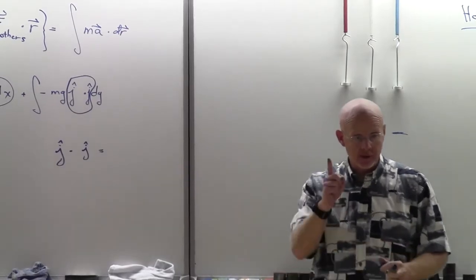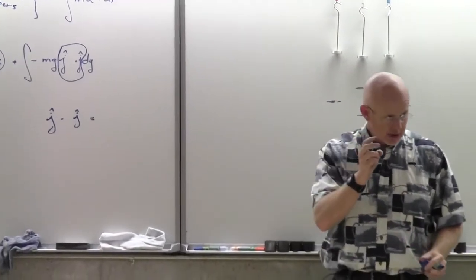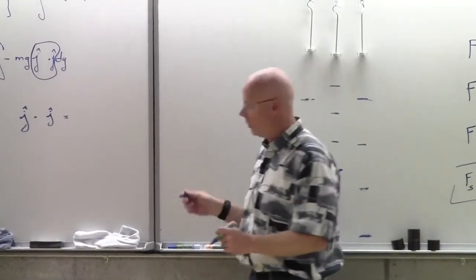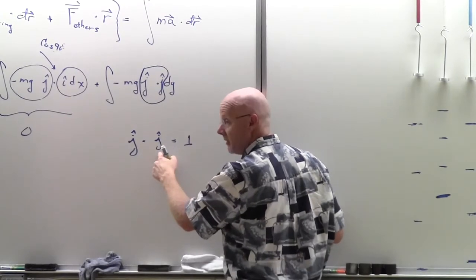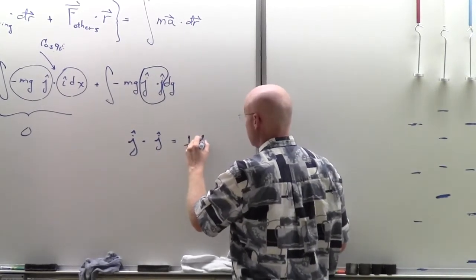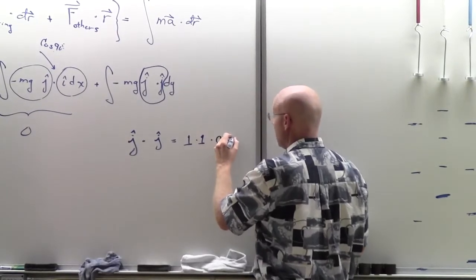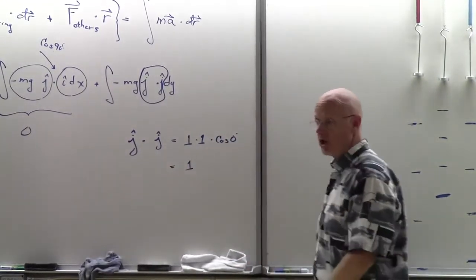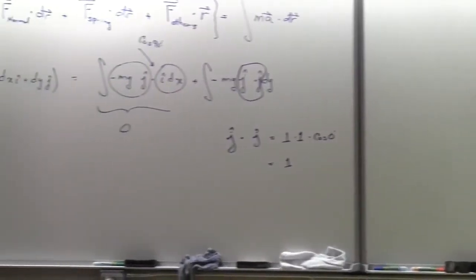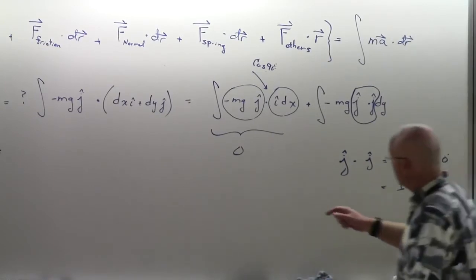It was the magnitude of the first times the magnitude of the second times the cosine of the angle between them. So what's the magnitude of this one? 1. What's the magnitude of that one? 1. What's the angle between them? And so a j dot a j would be a definite 1. Maybe I should have done that much detail here, right?